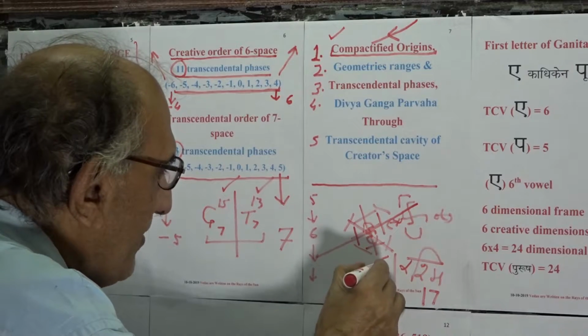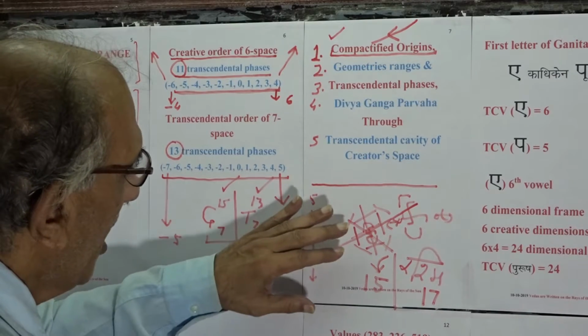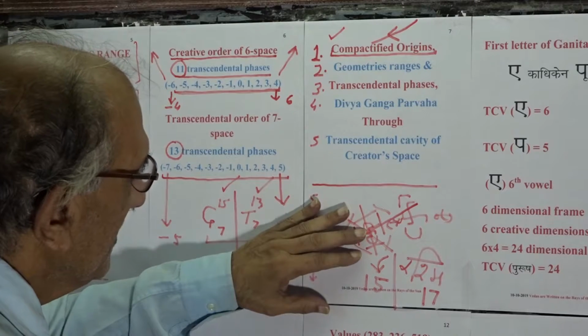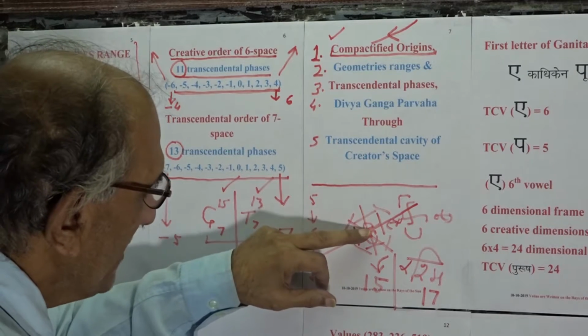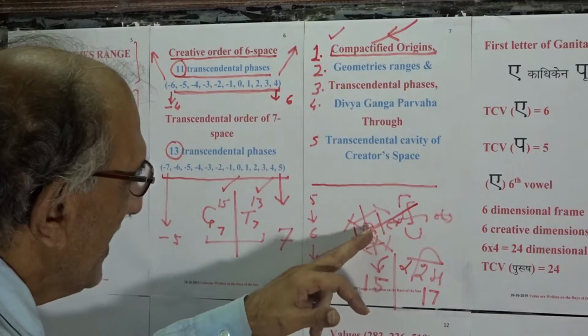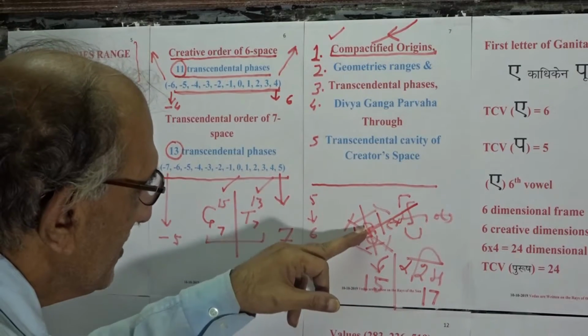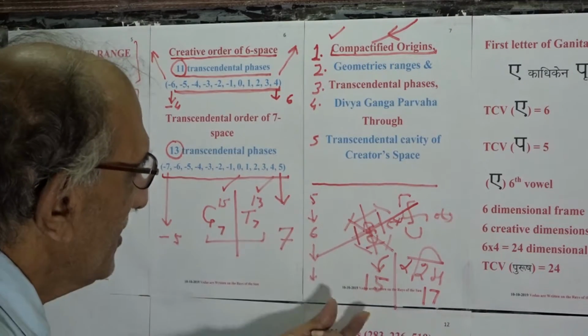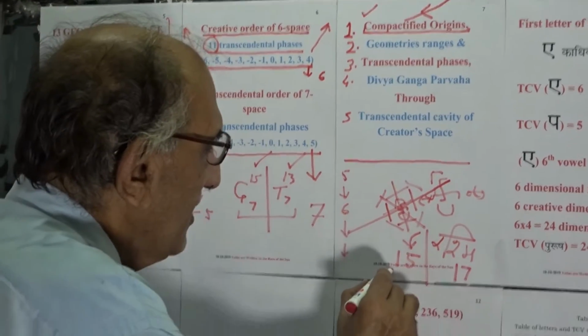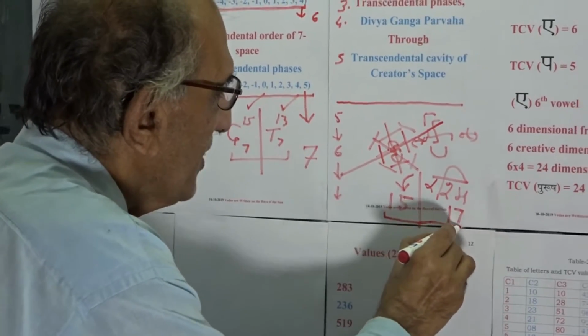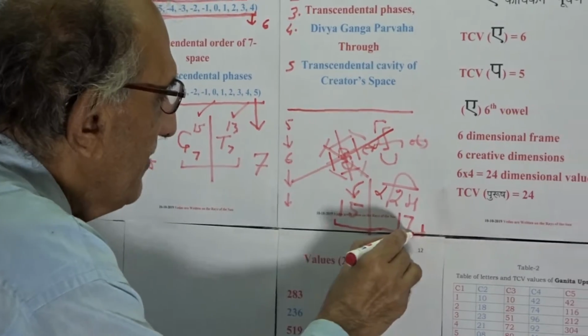Now it is this dimensional order of 5 space as the origin of a 4 space, having placement at the cavity, transcendental cavity of creator's space, it will be creating Rashmi. So this creation of a Rashmi is the phenomenon.